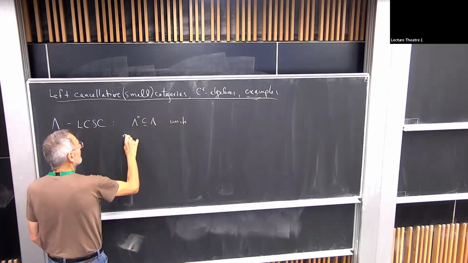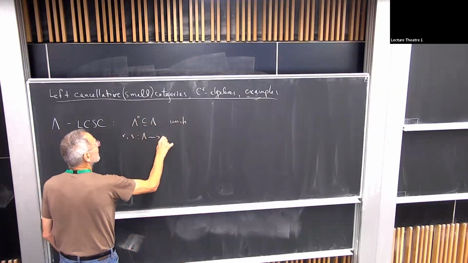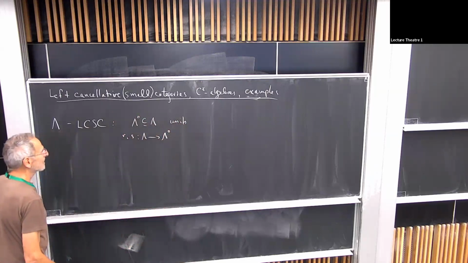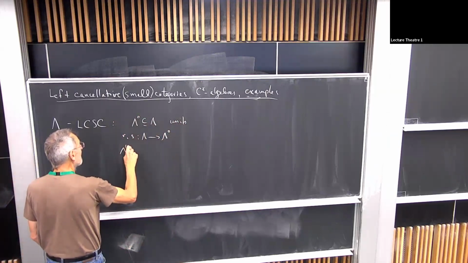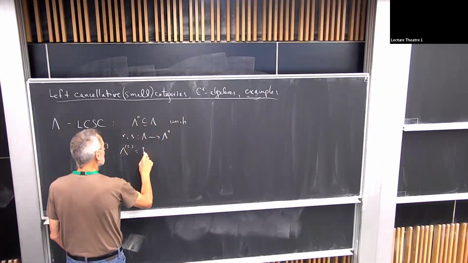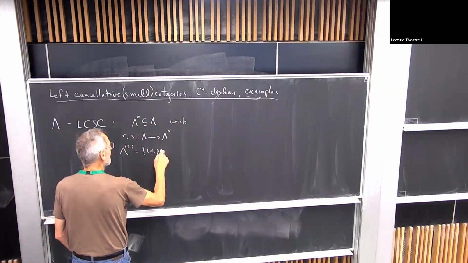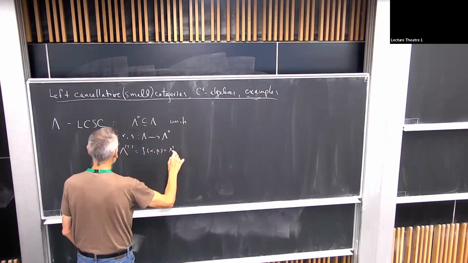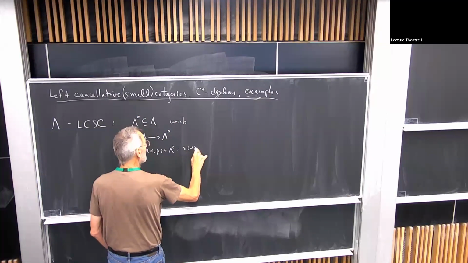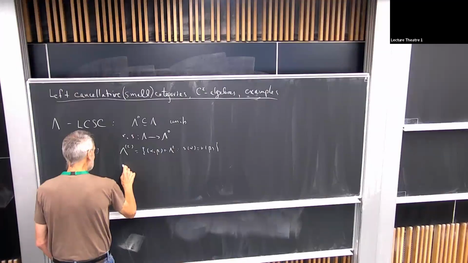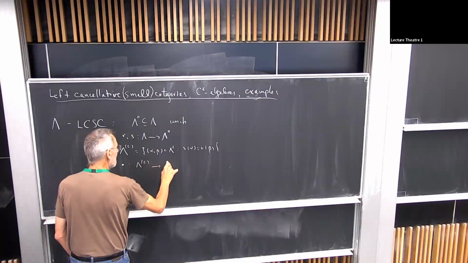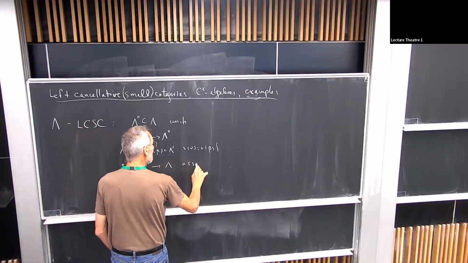We have these range and source maps from lambda to the units. And then from that, we can define the composable pairs, lambda upper 2, the set of pairs alpha, beta in lambda squared so that source of alpha is range of beta. And then we have our multiplication from composable pairs to lambda, which is supposed to be associative.